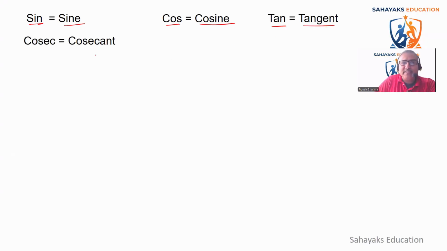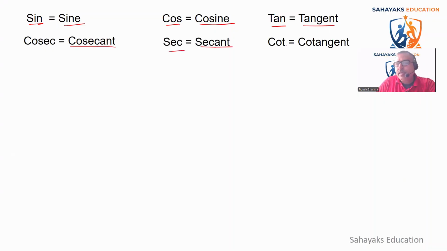Then we have cosec, which is cosecant, sec, which is secant, and cot as cotangent. So these are the short forms of those ratios.